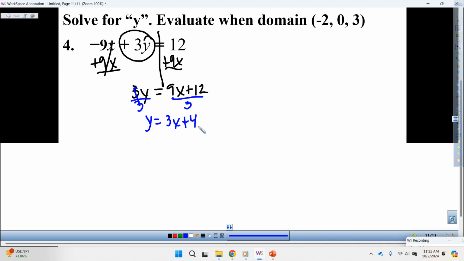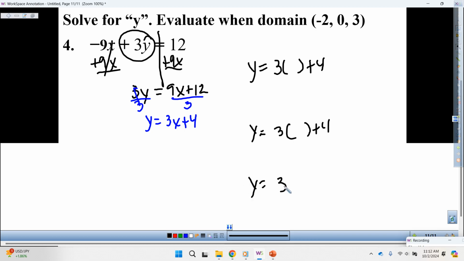And have you got that? Yes? All right, so we need to write this equation 3 times, but instead of x, a parenthesis. And my first domain, or x value, is -2.